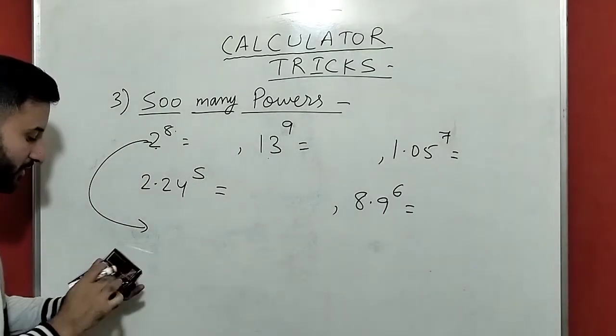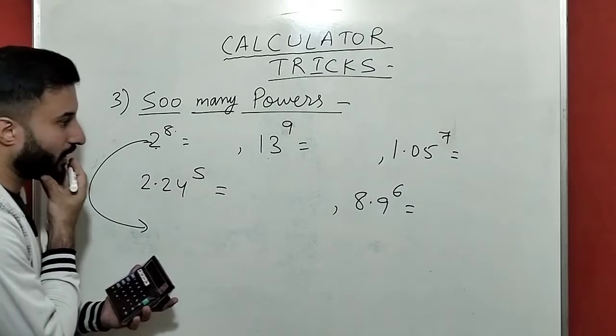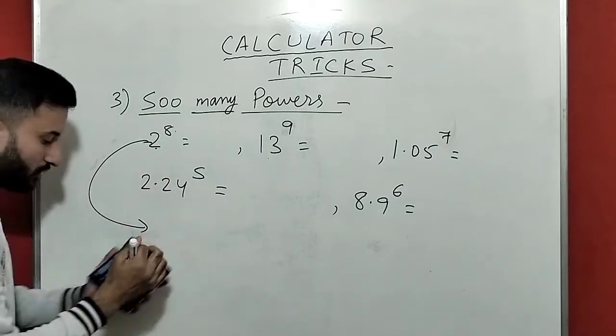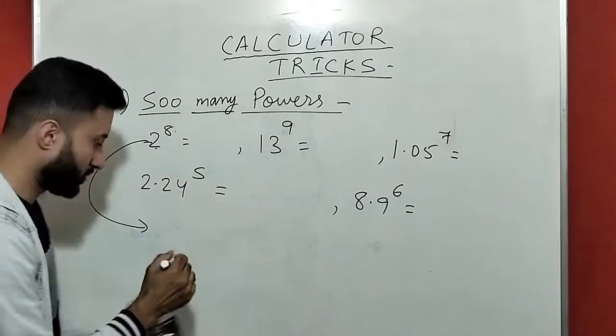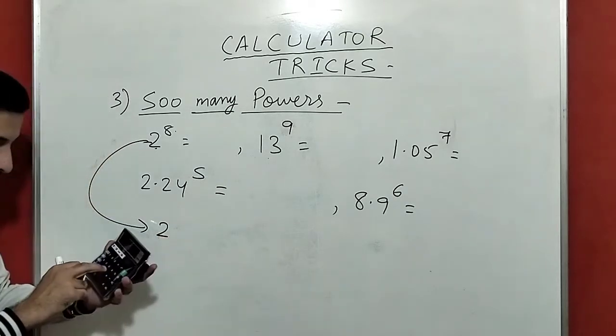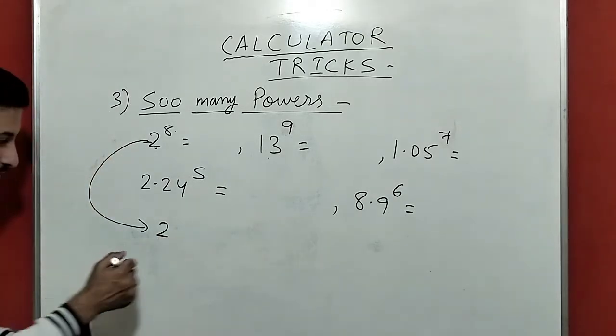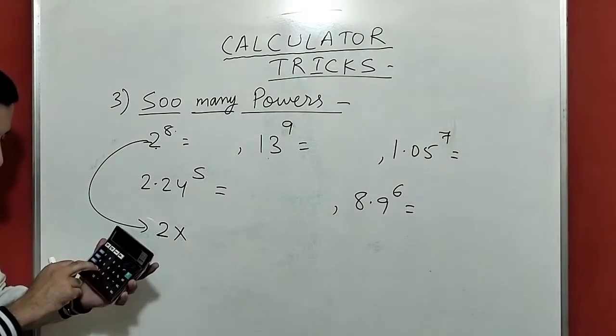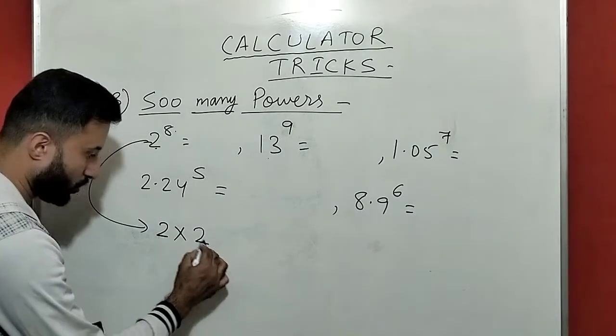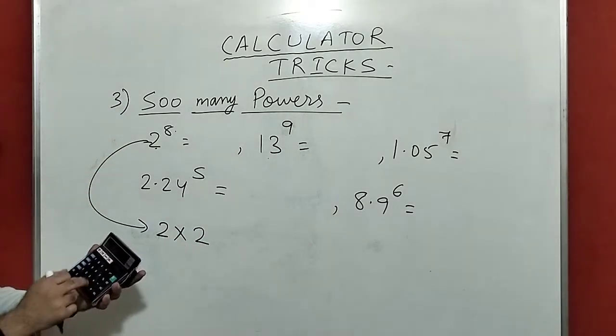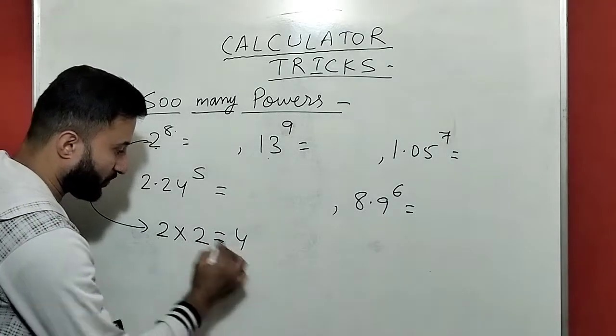Once again I am showing you. I will press 2, then I will press into, then again I will press 2. I will press equal to. So you will get 4.